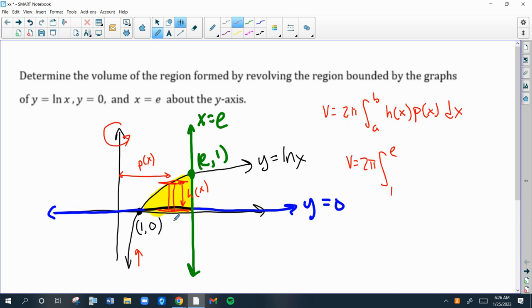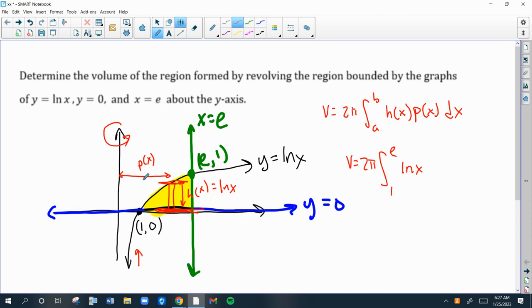The top of the rectangle is on y equals ln of x, so h of x would be ln of x, minus the bottom of the rectangle, which is at y equals 0, so minus 0. So h of x is just the natural log of x.